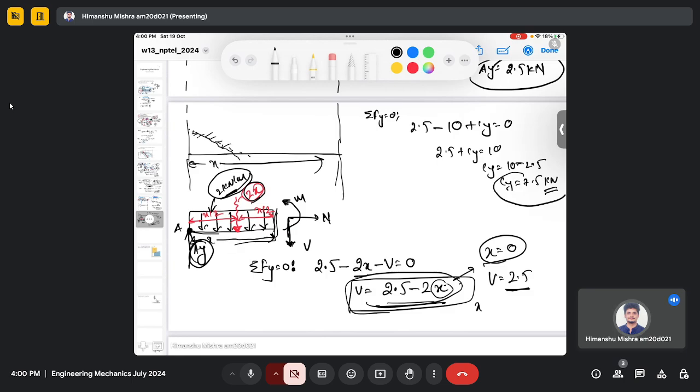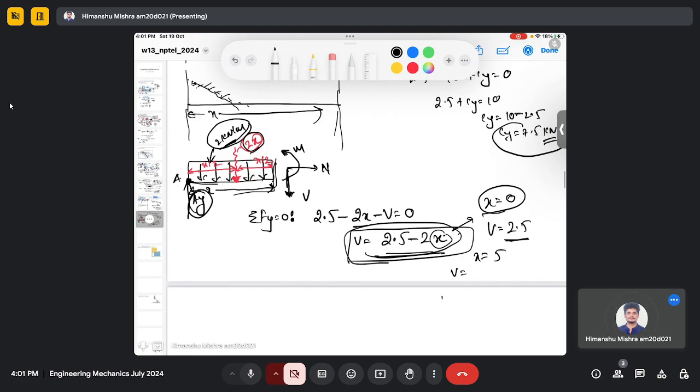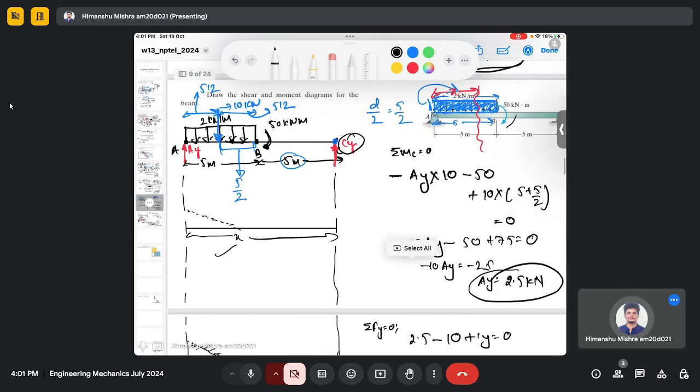When you put x equals 5 meter, then you get V equals 2.5 minus 10, which is minus 7.5, which means that at this point 5, the shear force will be negative, minus 7.5.